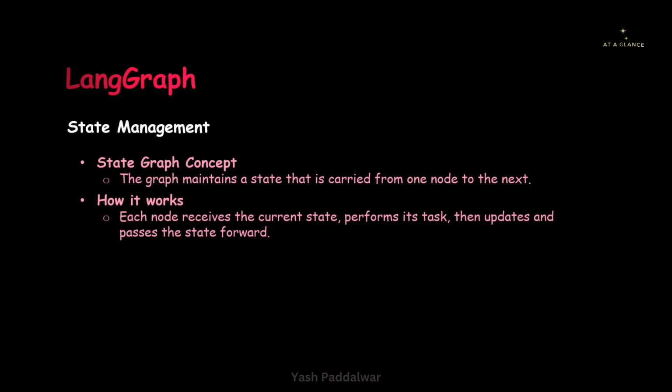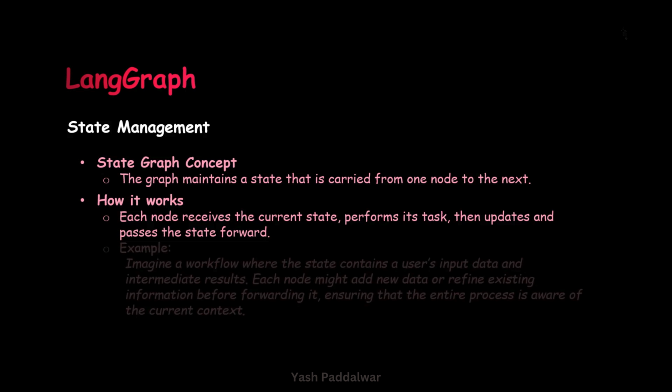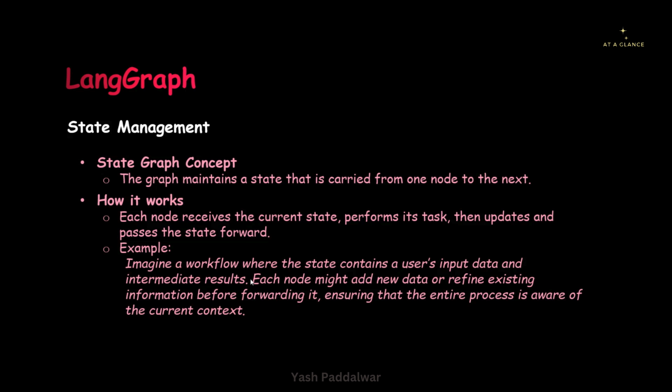You can think of state as a notepad that contains a set of predefined variables, and whichever node gets that notepad will simply update the variables inside it and move it forward to the other node. For example, imagine a workflow where the state contains a user input and the intermediate results. Each node might add new data or refine the existing information before forwarding it.